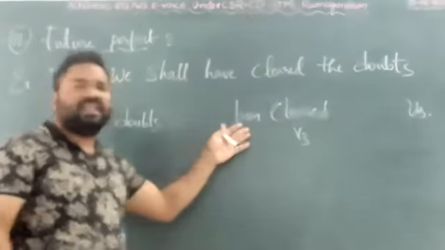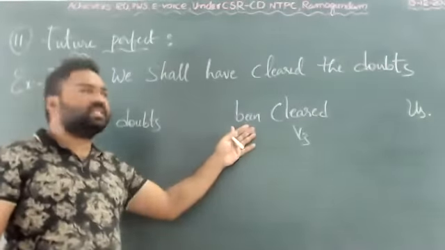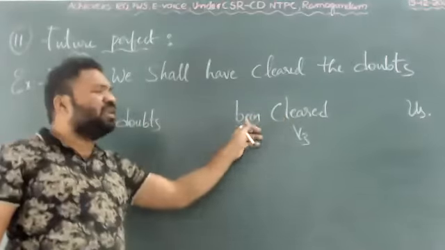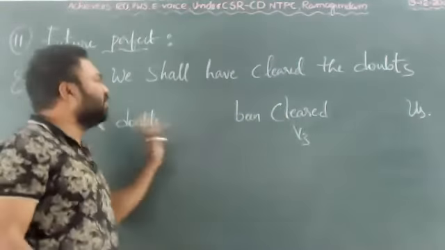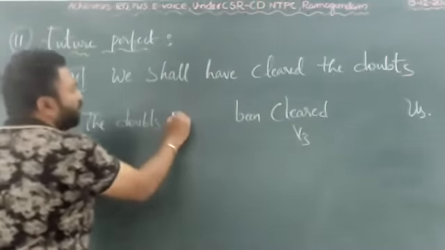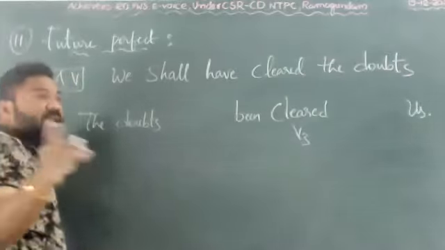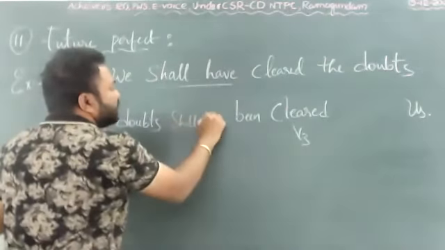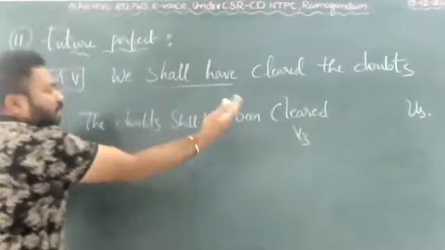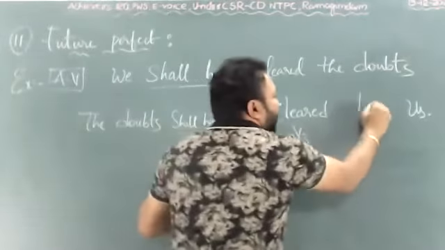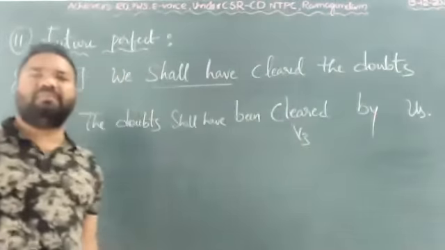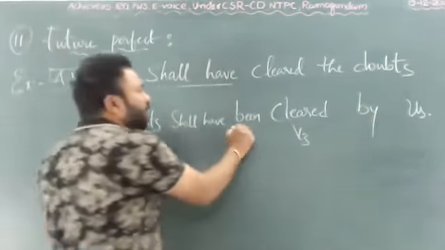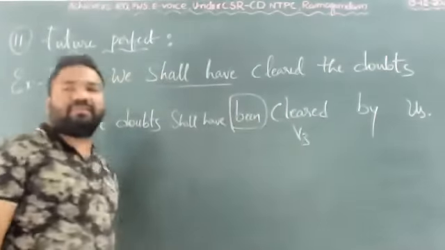So I have first written being. Yes, with this signature rule, I have written, and everything will be same. So obviously there will not be being, same. The doubts shall have been cleared by us. Simple but logical. What I have used only is been.